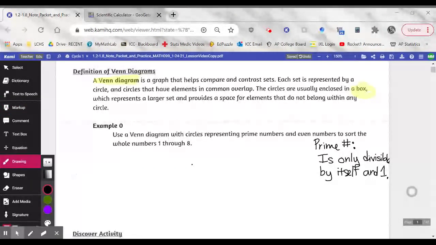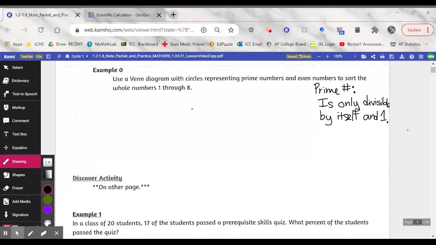The first thing we're going to do is look at example 0. It says to use a Venn diagram with circles representing prime numbers and even numbers, and we're going to sort through the whole numbers 1 through 8.